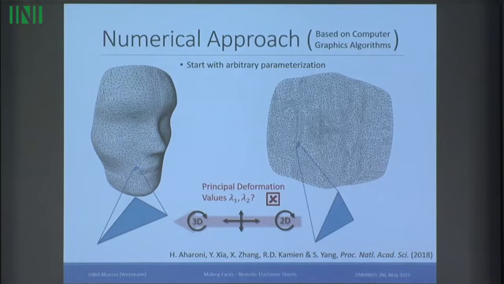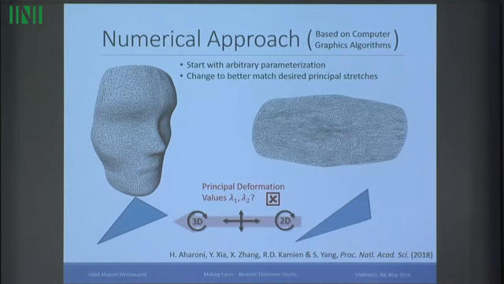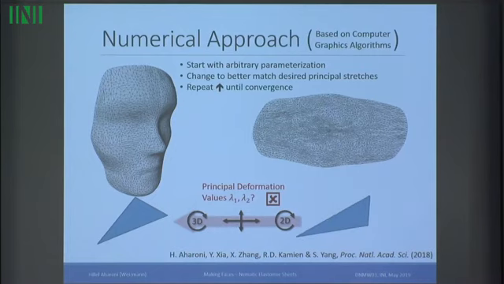But it's 2 linear steps which basically make these principal values closer to lambda 1 and lambda 2 on average. So after making this step, I get a new coordinate parameterization which is better than the previous one in the sense that the principal values are closer to lambda 1 and lambda 2 everywhere. And I can continue this process, okay, until it converges.